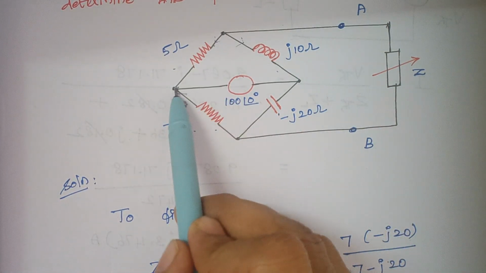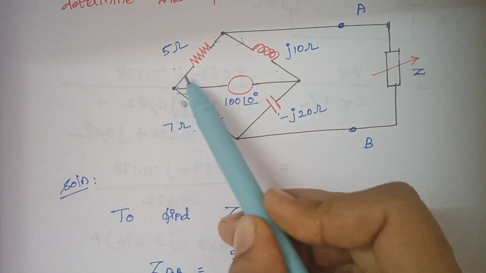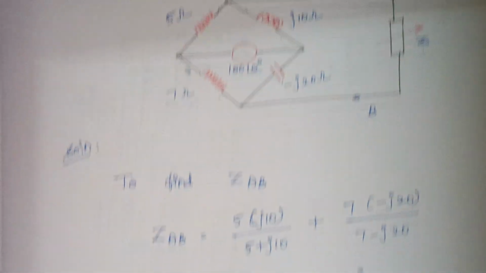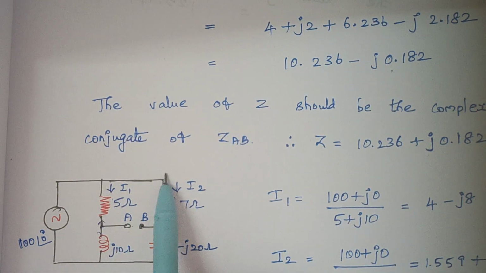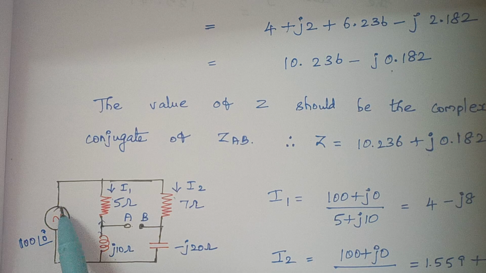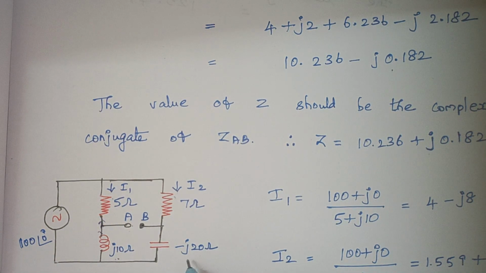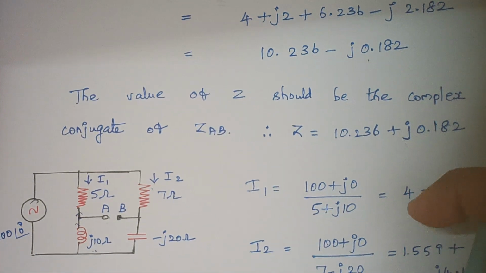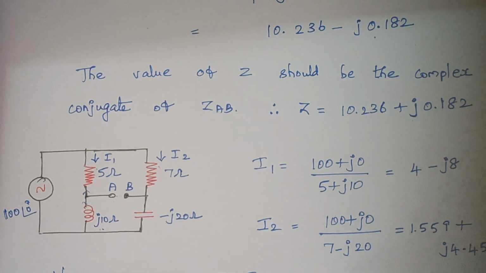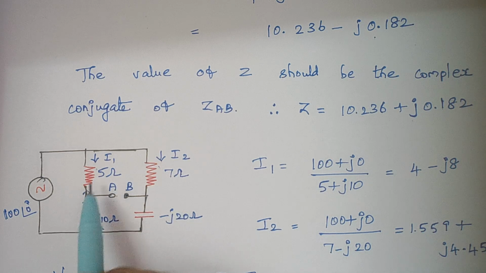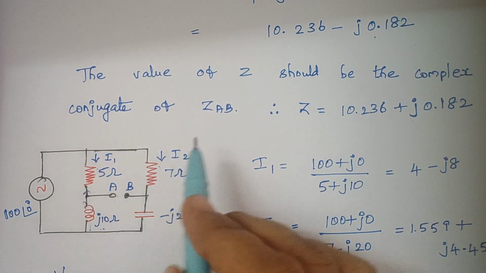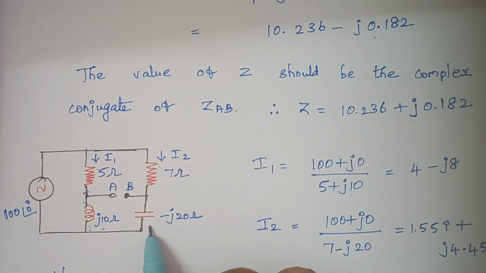So the voltage terminal one end is connected to 5 and 7 here. So similarly, you see one end of this 5 ohm and 7 ohm are connected to this voltage, and the other ends are connected to J10 and minus J20, right? Here simply the above circuit diagram is redrawn. Now we are going to calculate the current. Let I1 be the current that flows through this, and I2 the current that flows through this path.